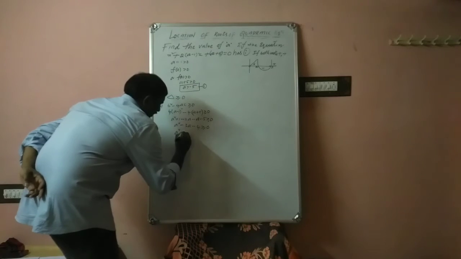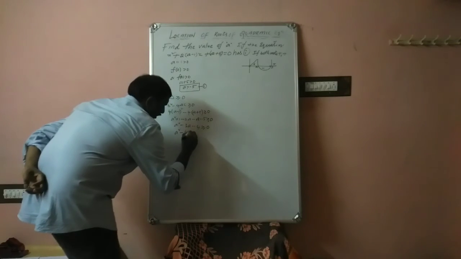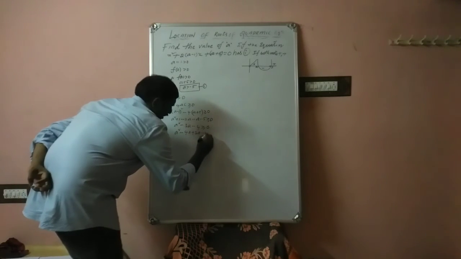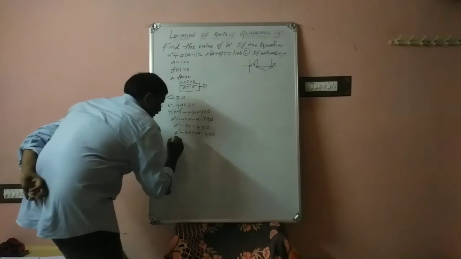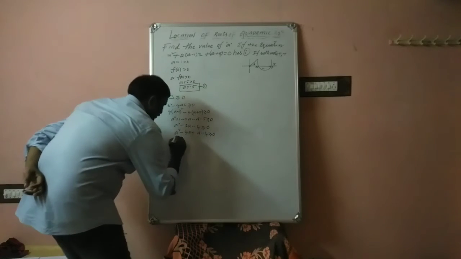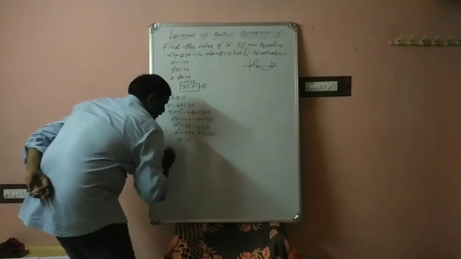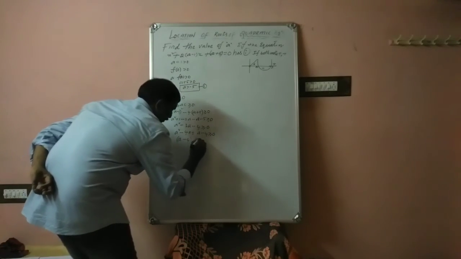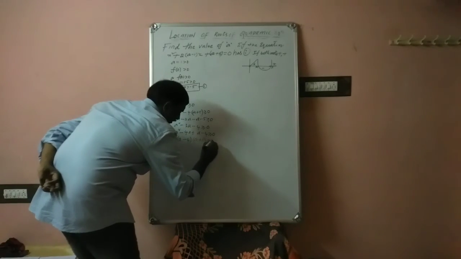So factorize this. A square minus 4a plus a minus 4 is greater than or equal to 0. So a minus 4 and a plus 1 are the factors.